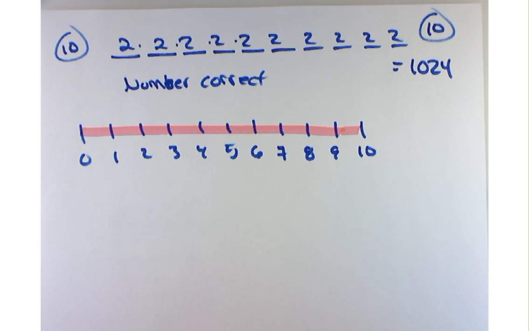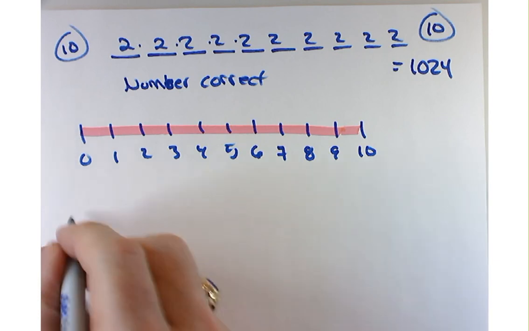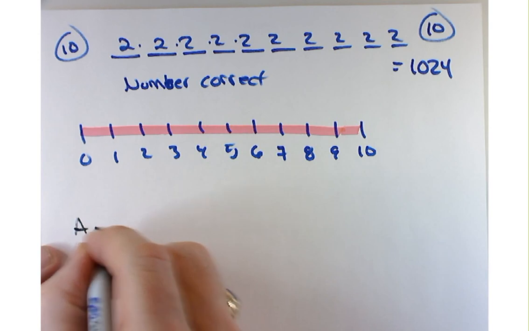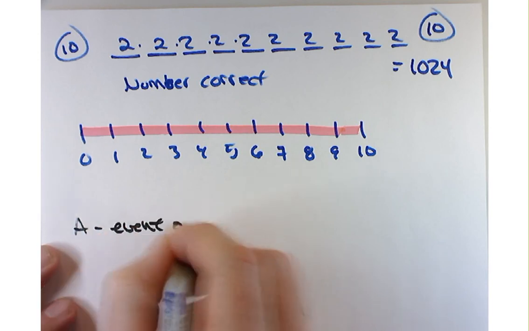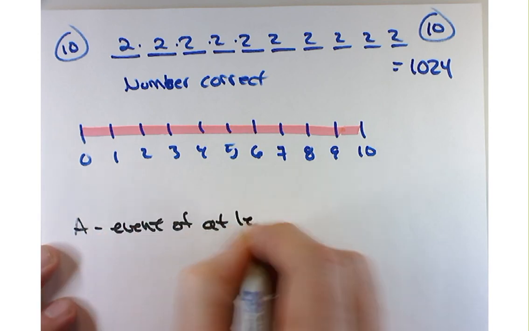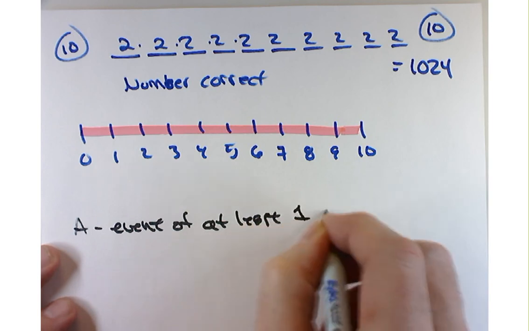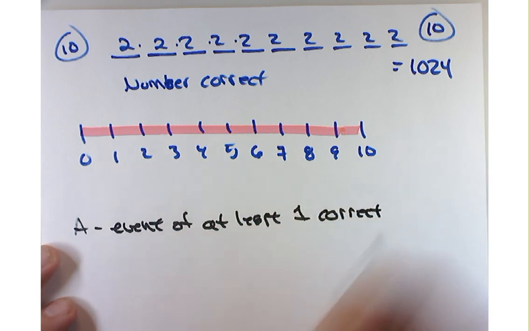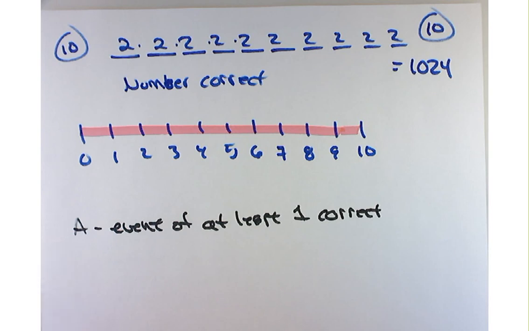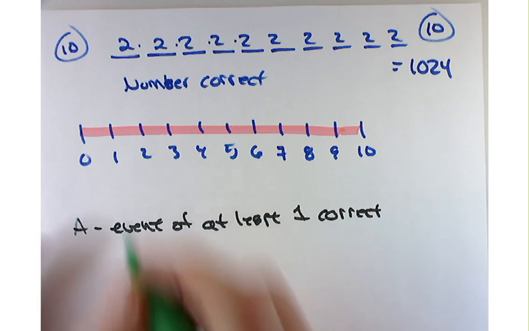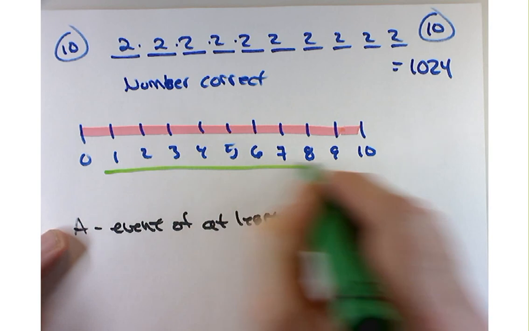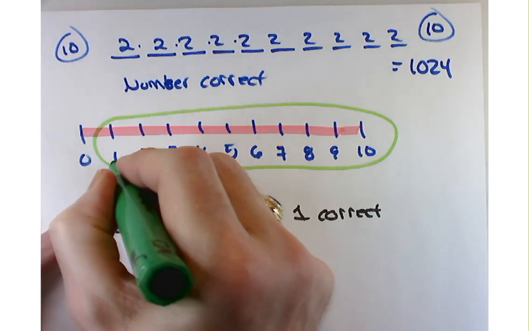Let me write out again some notation. A is the event of at least one correct. That's going to be all of these.